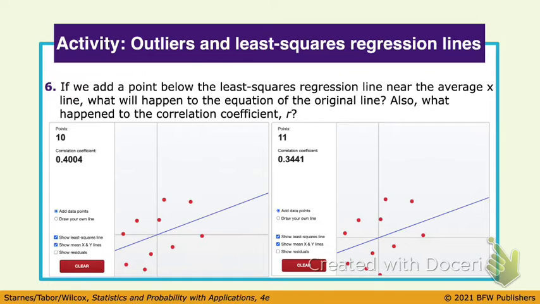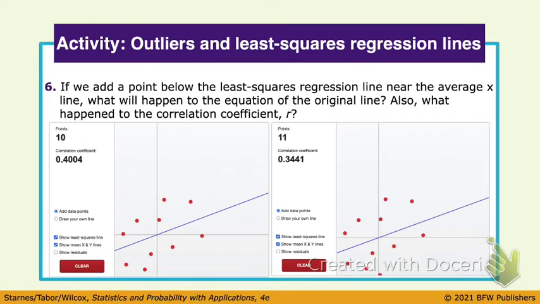Also, I will say this dot's not that far away from the data, so it's not going to change your line very much. And what happened to our correlation? It got weaker, okay? A little bit weaker. So again, depending on where your dot goes, it changes some things, okay?